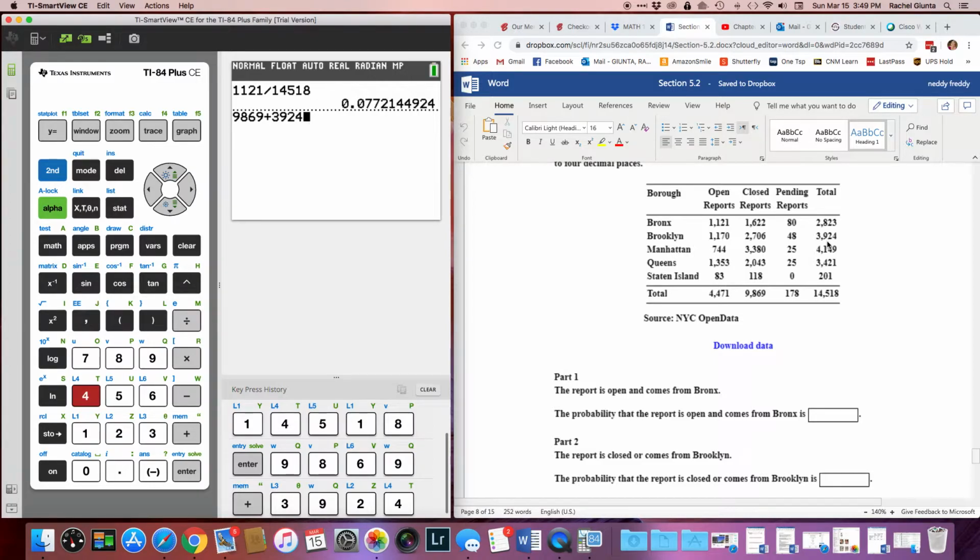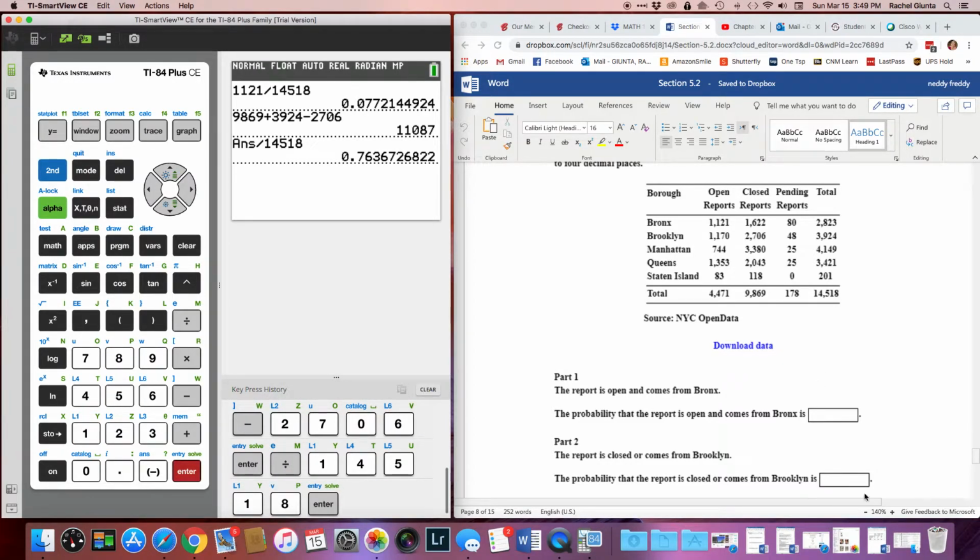But because both of these totals had these 2706 reports that are closed and came from Brooklyn, we need to subtract that out so that we're only counting them in one group or the other. So minus 2706. Now we've got our total. We divide it by all of the reports, 14,518. And that is our answer for this section.